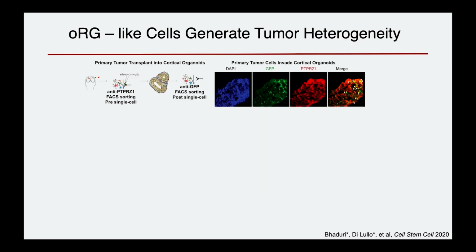And so we really wanted to be able to study these outer radial glia in the tumor and understand what function they play. They seem to be proliferating and giving rise to additional tumor types, but what other roles do they have? What cell types can they give rise to? So we wanted to isolate them, and to do so, because PTPRZ1, that protein that I showed you at the center of the network, is a cell surface protein, we thought maybe we could purify it using flow sorting.